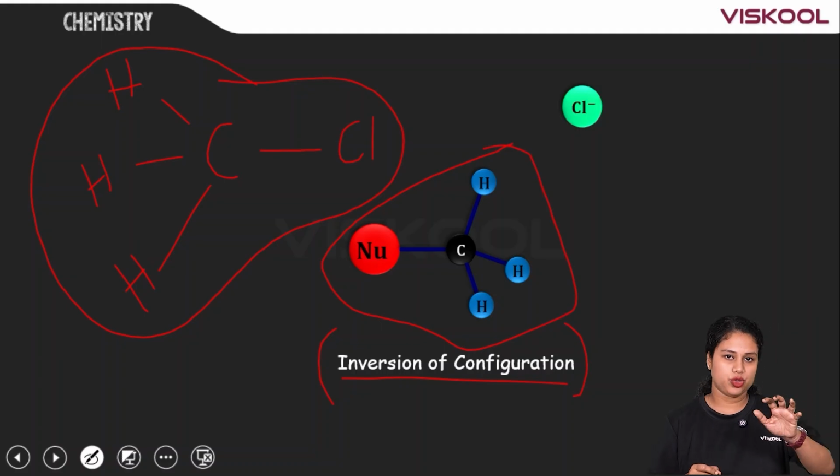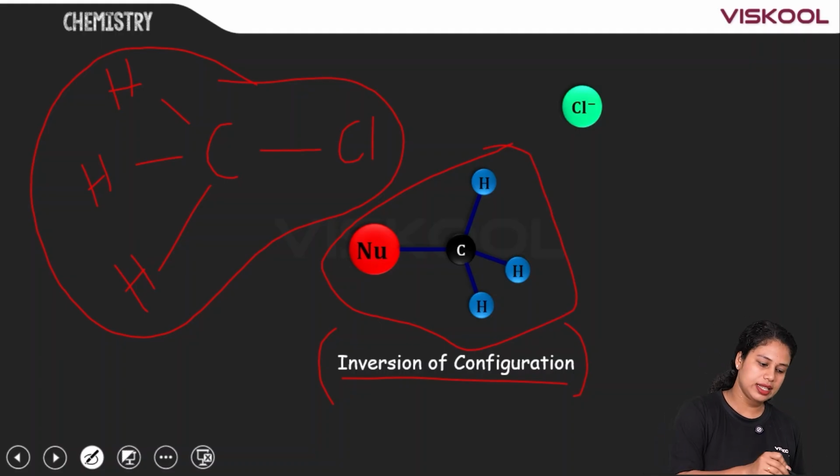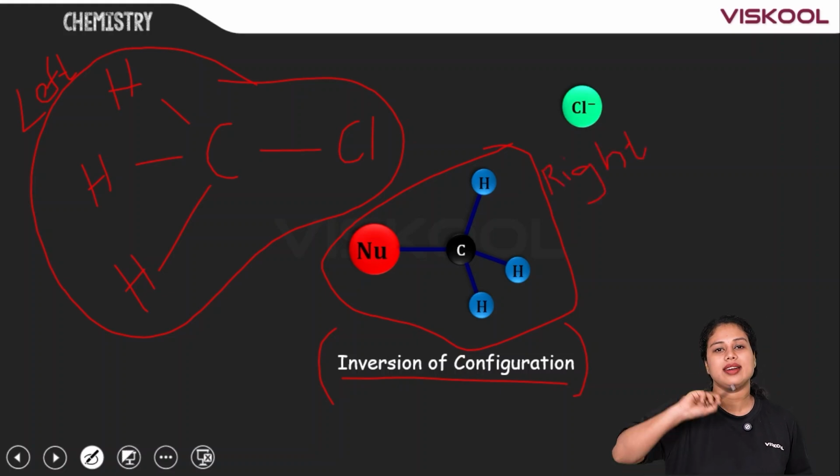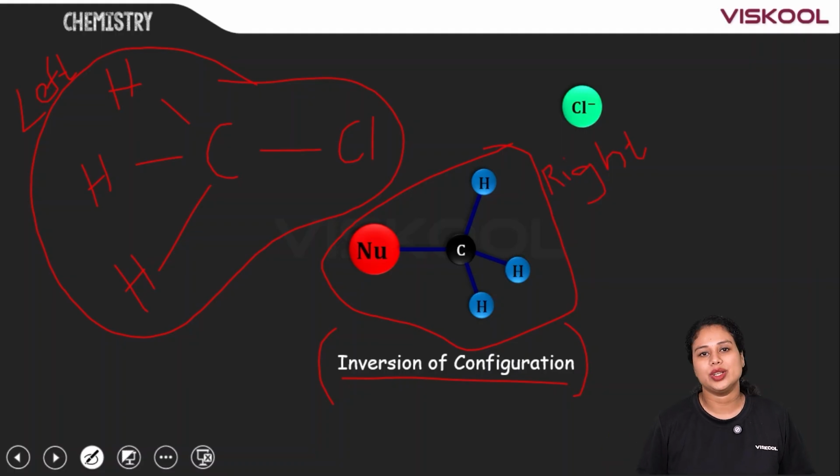As you can see, the 3 hydrogen atoms at first are on the left side, and after the formation of the product, these hydrogen atoms are on the right side. There takes place the inversion of configuration for this particular group.